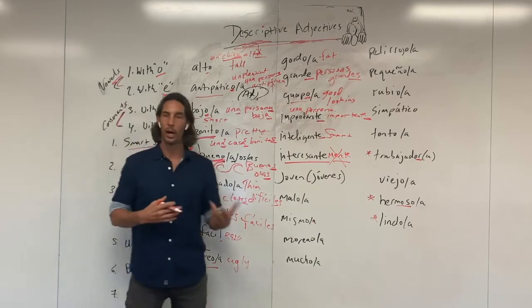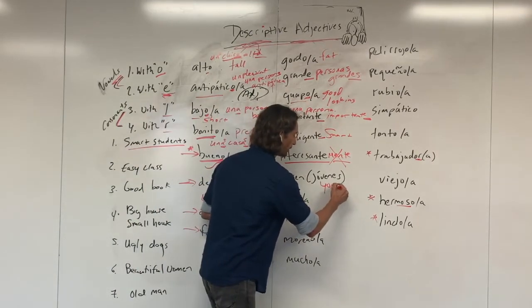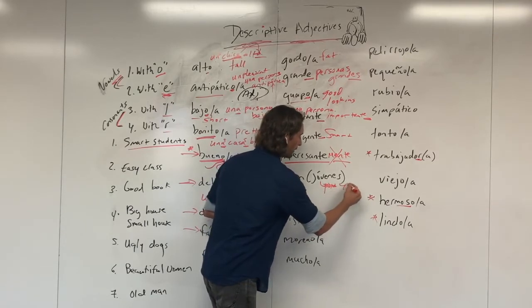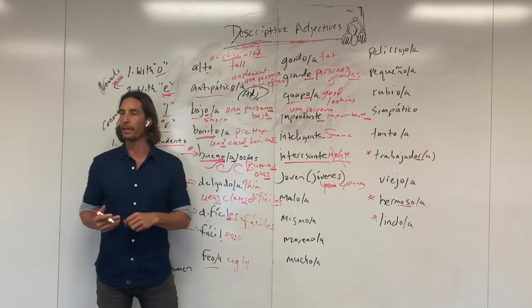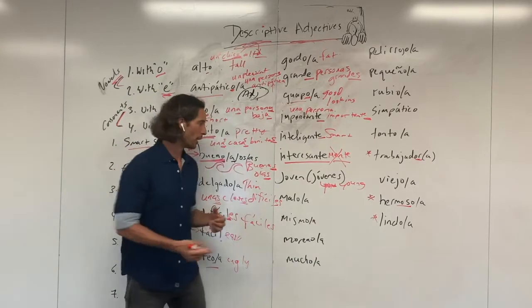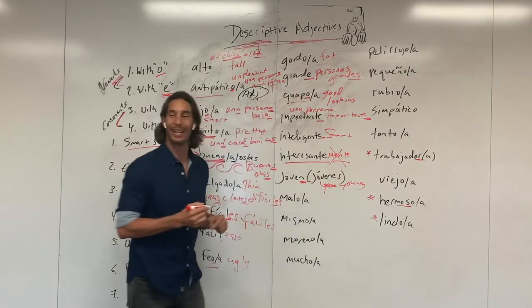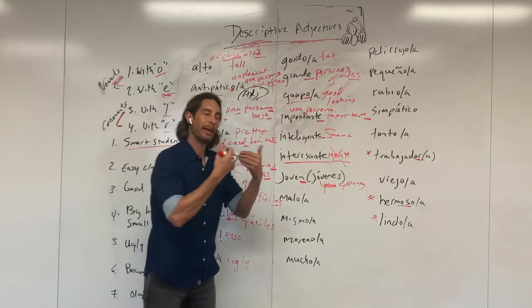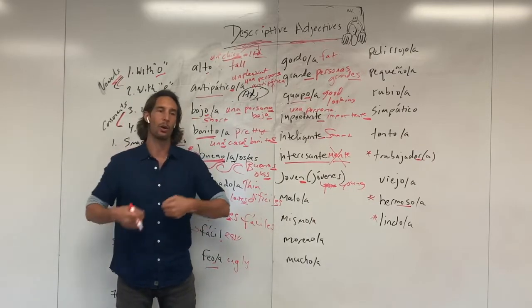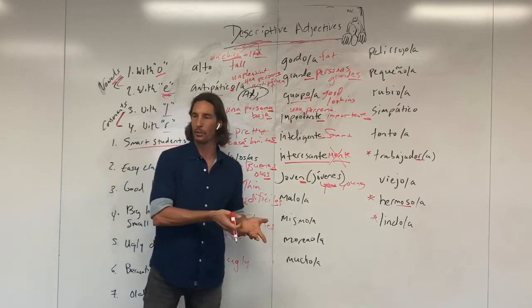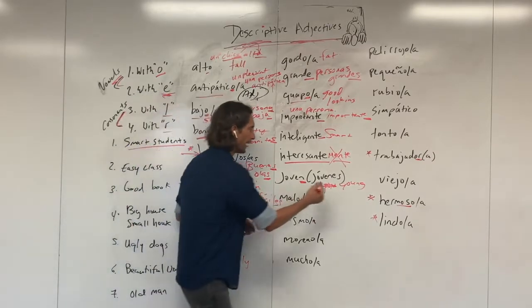Joven is young, or youthful. Let's try to spell that right. Young. Jóvenes would be plural, and notice, again, I didn't write it right here, but this ends with the consonant N, and then to make it plural, whether it's chicas jóvenes or chicos jóvenes or niños jóvenes or niñas jóvenes, it doesn't matter.